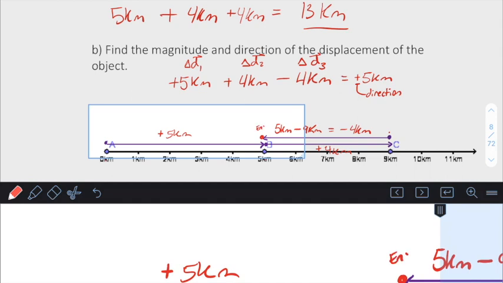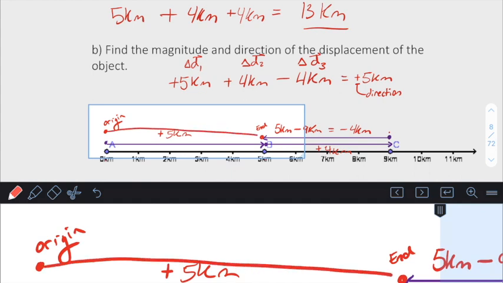Endpoint, and the origin, and just drawing an arrow between the two of them.